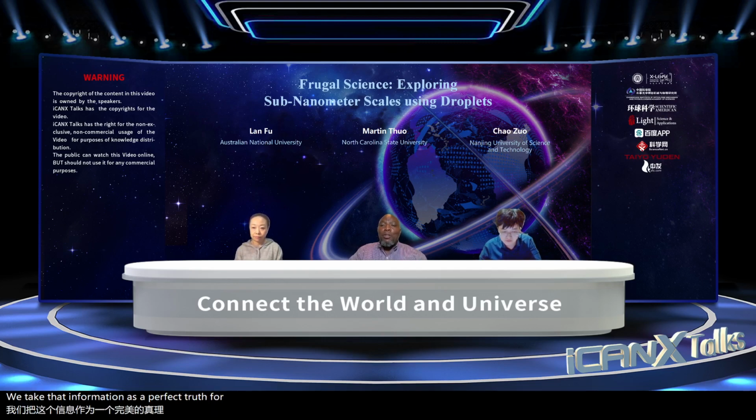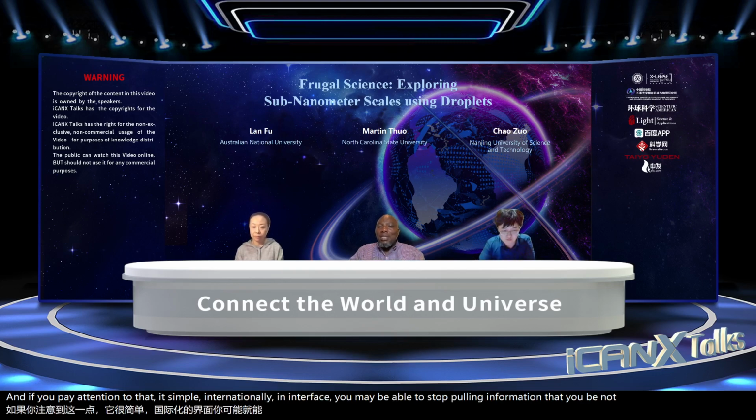For example, when you assemble your spheres, you assume the sphere is perfectly smooth. So when you bring any interaction between your sphere and any material, the assumption you make is that the contact is simple. What I was trying to show you today is that it's not that simple. And if you pay attention to that simple interaction at the interface, you might be able to start pulling out information that you did not expect to see.